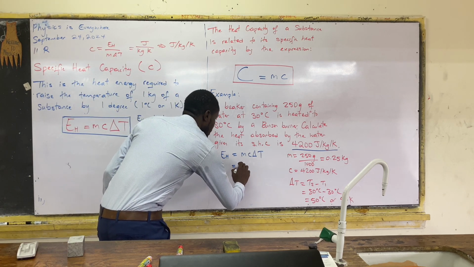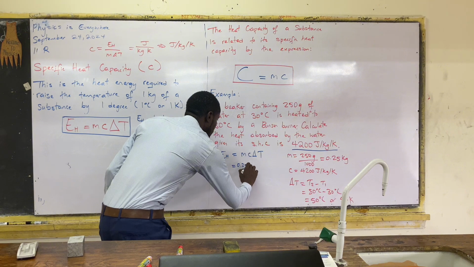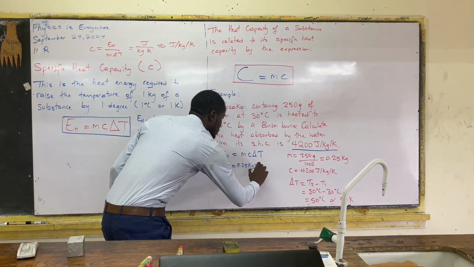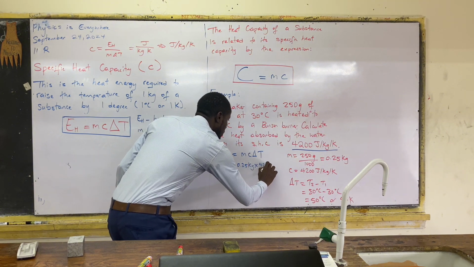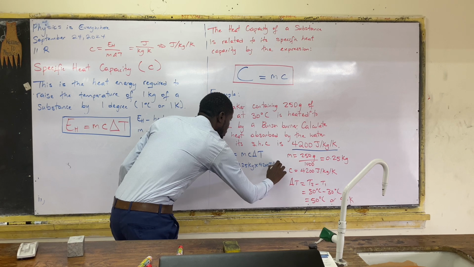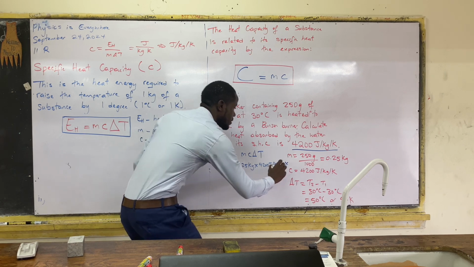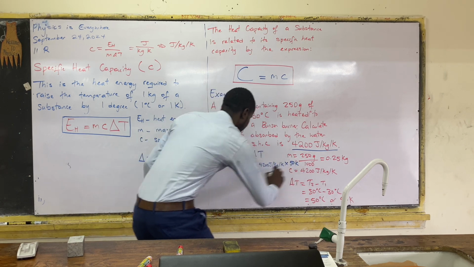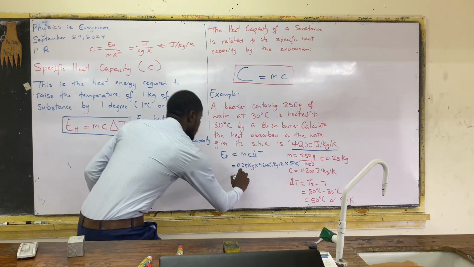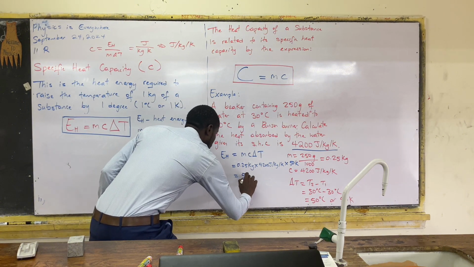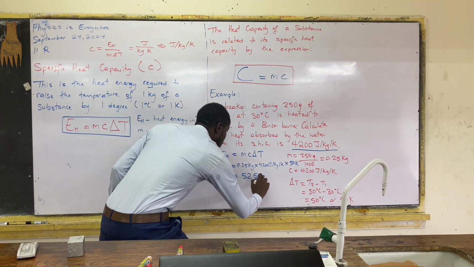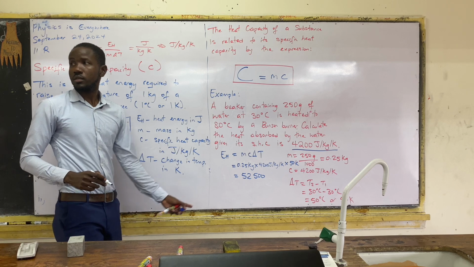So M is 0.25 kilogram times 50 Kelvin. Is that right?